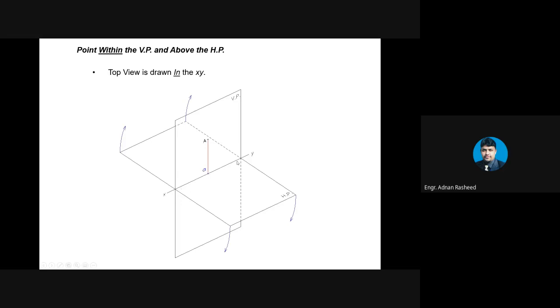So its top view will be represented with A, but it will be on the XY line. In the second scenario, if the point is below the horizontal plane and in the vertical plane, again its top view will be projected on this XY line. And if the point is in the vertical plane as well as in the horizontal plane, the top view will again be the same point, represented by A, on the XY line.